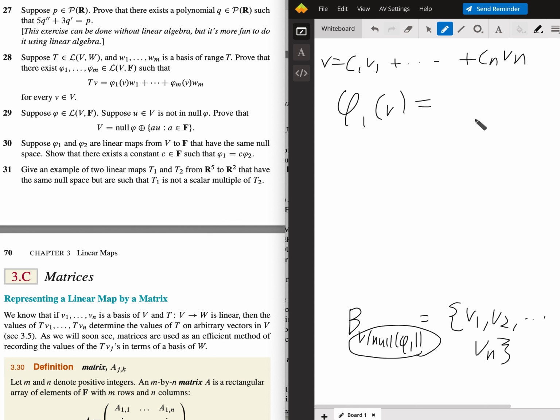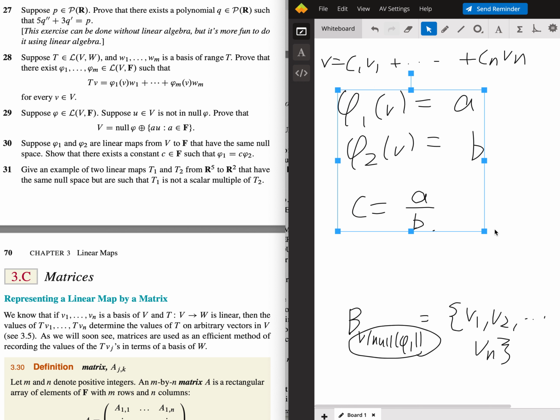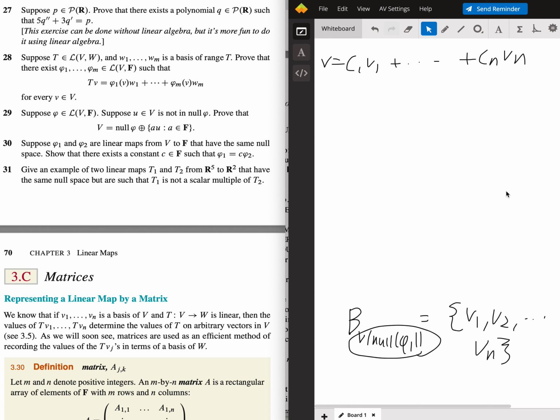Let's give it a value A. Let's call phi2 map of that B. Then I claim that C is just equal to A over B. And perhaps I have to dive a bit deeper to explain why something like this would work.